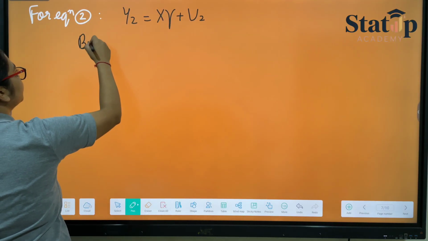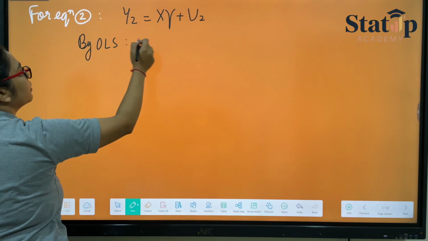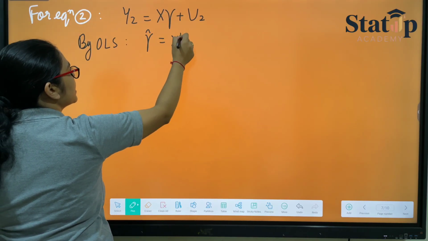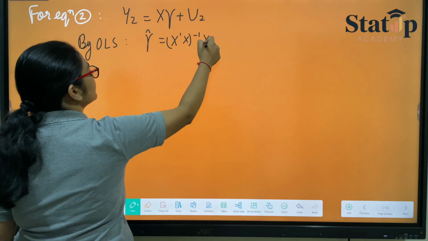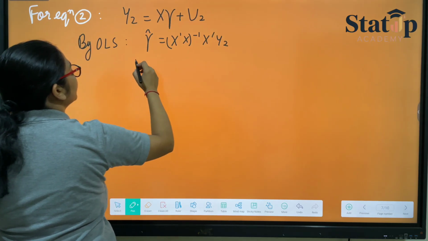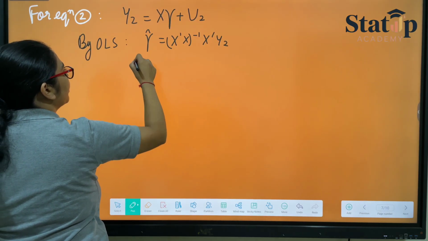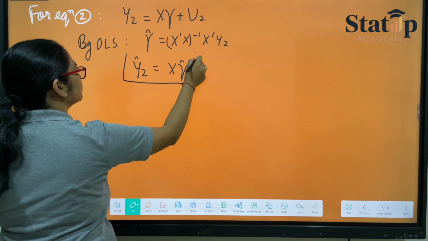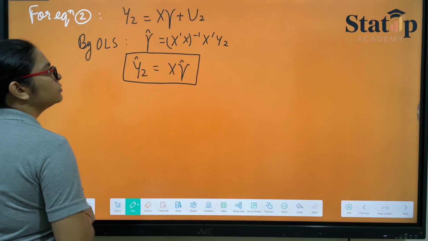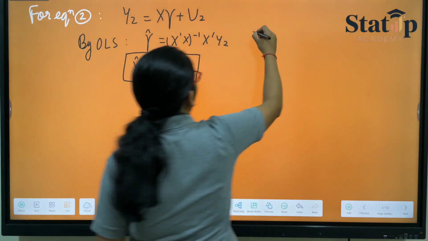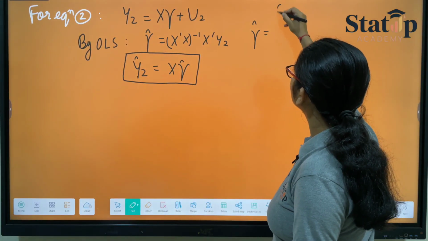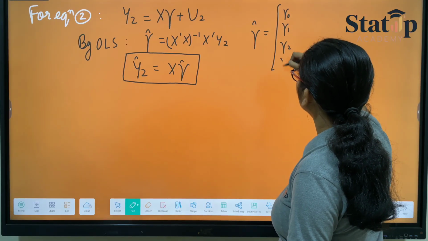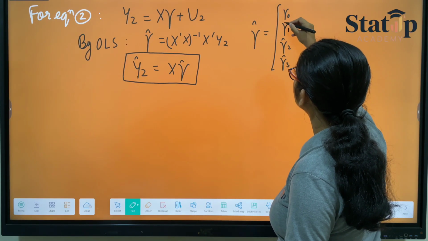By OLS again, we will find gamma cap equals x dash x inverse x dash y2, and here the predicted value of y2 is x gamma cap, where gamma cap is nothing but gamma naught, gamma 1, gamma 2, gamma 3, all caps.